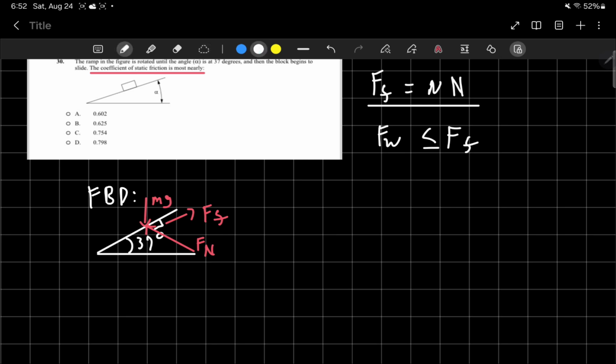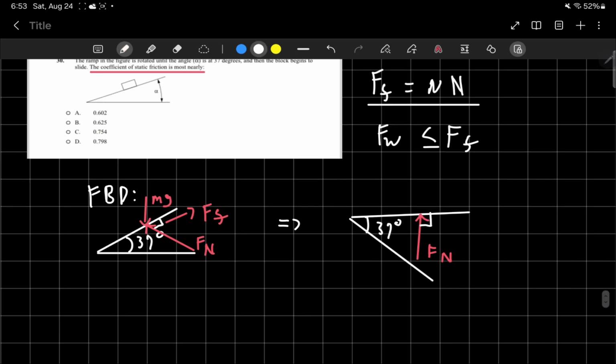So one thing I like to do to simplify this problem or make it easier to understand is to rotate the free body diagram. What I mean by that is this. So we have our plane, 37 degrees, and this is our normal force here, perpendicular to our plane, and we also have our friction force, which is parallel to our plane.